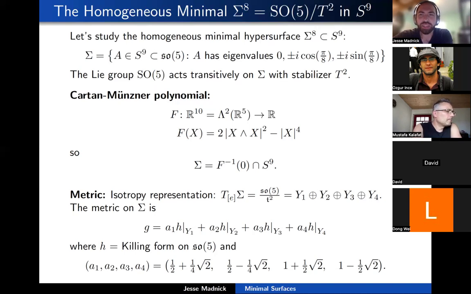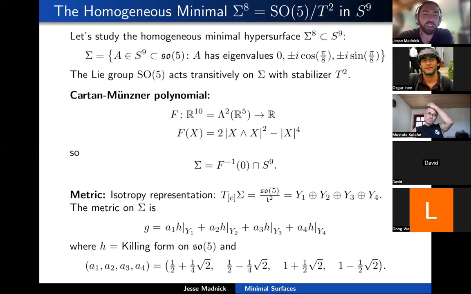So what that tells you is that this metric is not Einstein. As far as we can tell, the only thing that recommends it is that it's the metric you get from a homogeneous minimal hypersurface in the sphere. If you were to look at this metric otherwise, you wouldn't see anything notable about it. It's just some homogeneous metric.